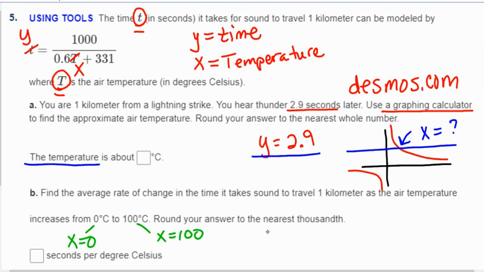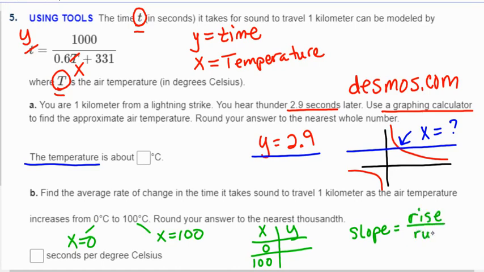So you're going to have x is 0, find y, x is 100, find y, and you're going to look for the slope, which is rise over run, which is also the change in y over the change in x. Okay, I'm going to let you pause the video and do that on your own.